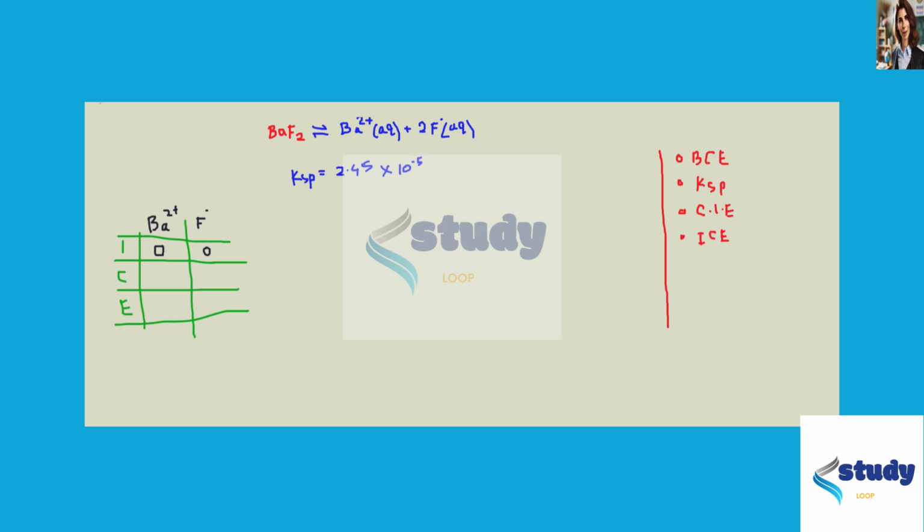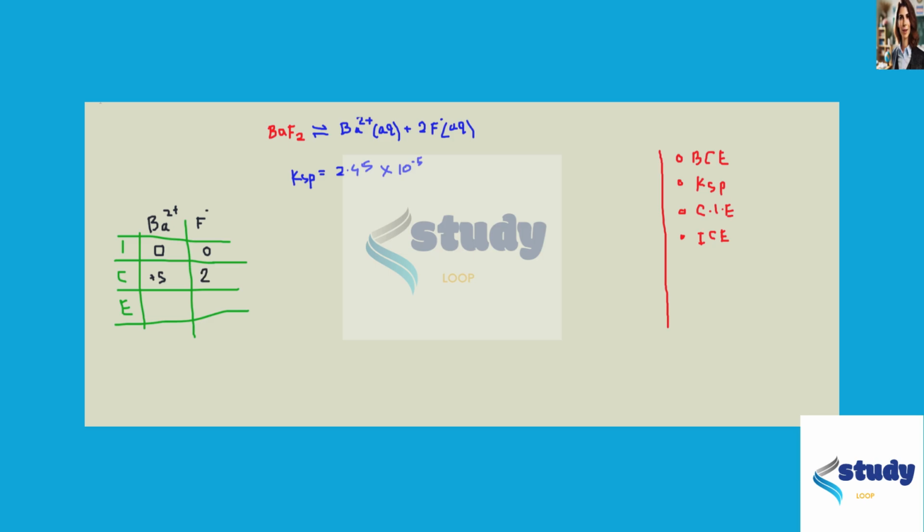Now when the reaction begins, the concentration of the ions will change, but we don't know at this moment how much it has changed, but we know some part has changed. So here is some change. For fluoride, we need to remember one thing: when barium fluoride dissolves in water, for every mole of barium fluoride it will produce 1 mole of barium 2 plus ion and 2 moles of fluoride minus. So we need to write 2 here.